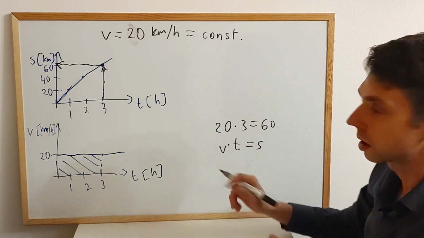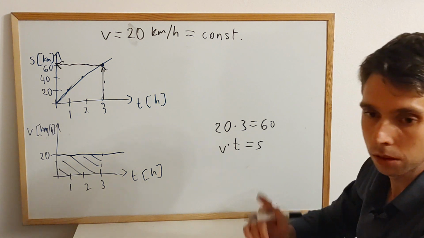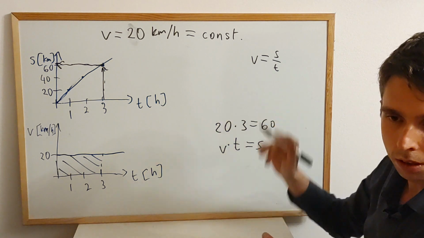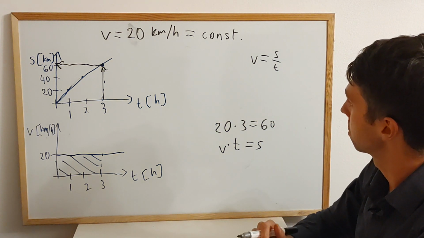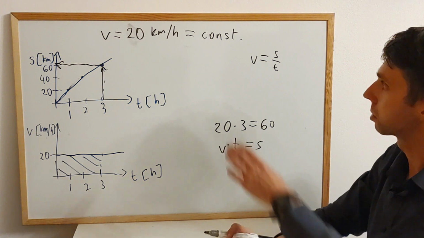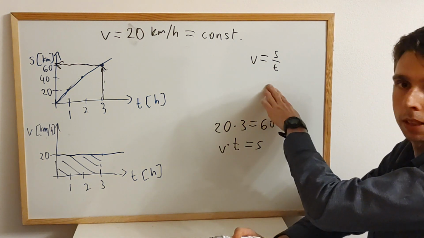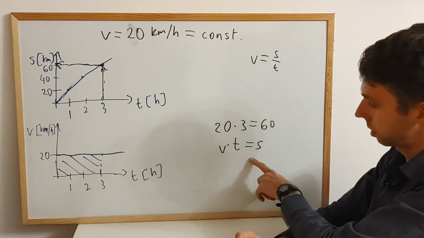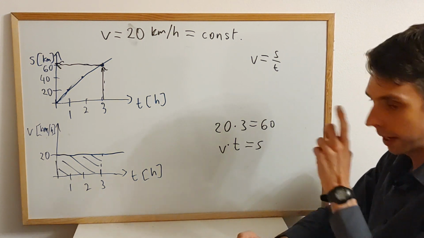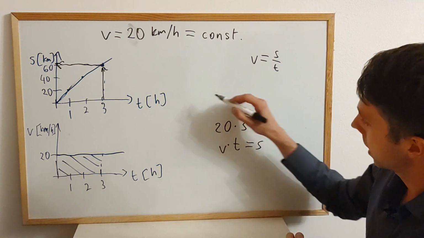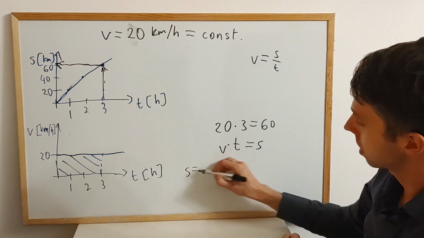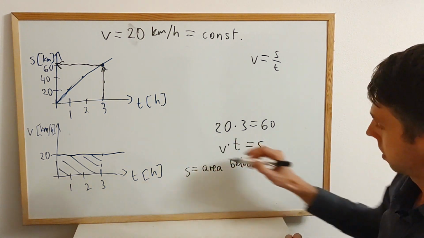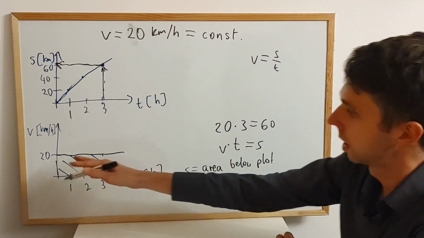This rule is not always true. As I told you, our equation v equals s over t is only applicable for uniform motion, so when the speed is constant or when you calculate the average speed. So this also is not always true, but what is true is that the distance is the area below the plot of this function.